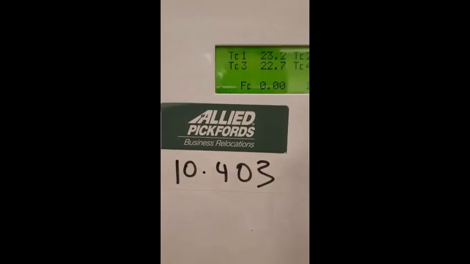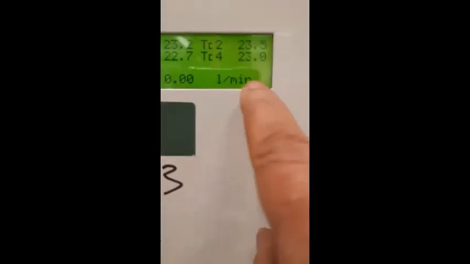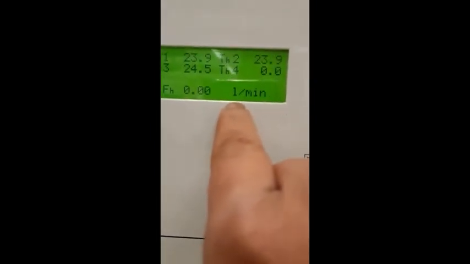And there is a flow rate: FC is the cooling flow rate, 0 at this moment, in liter per minute. And this side is the hot water flow rate, also in liter per minute.